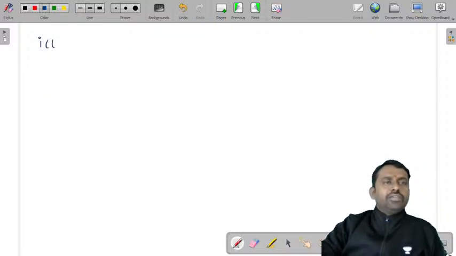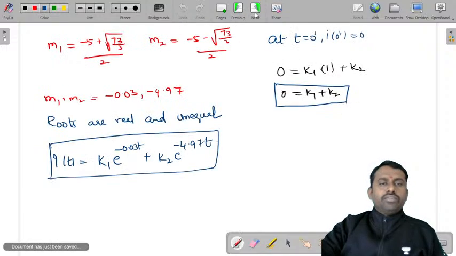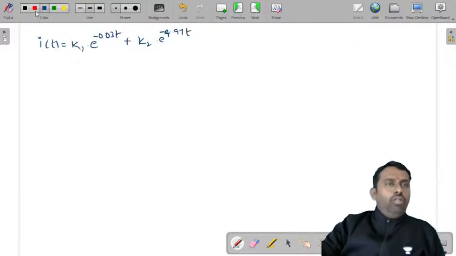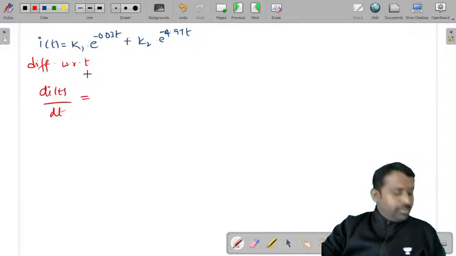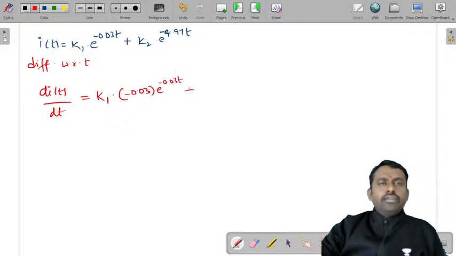So i of t is equal to k1 into e power minus 0.03t plus k2 into e power minus 4.97t. Differentiate with respect to t. What is that? di of t by dt is equal to k1 into minus 0.03 into e power minus 0.03t plus k2 into minus 4.97 into e power minus 4.97t.